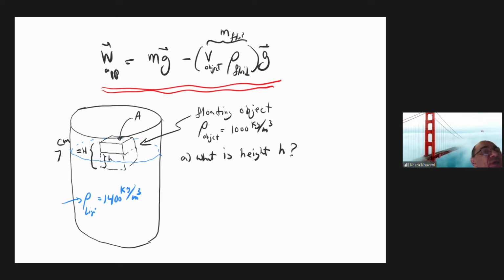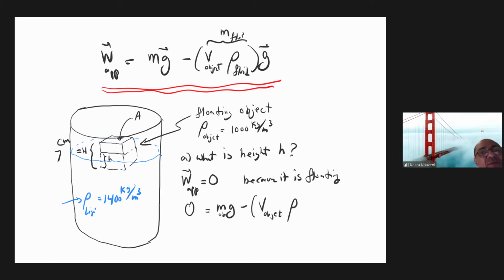So 0 is equal to mg of the actual object minus the volume of the object displaced times rho of the fluid times g, which is the equation on the top.